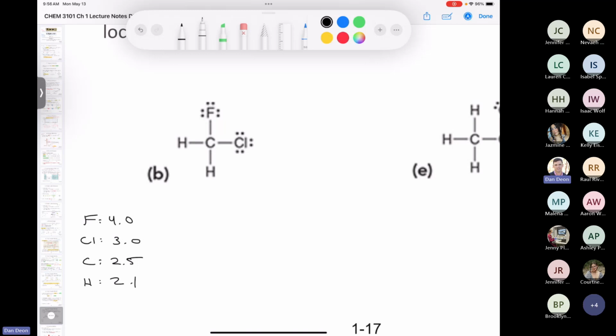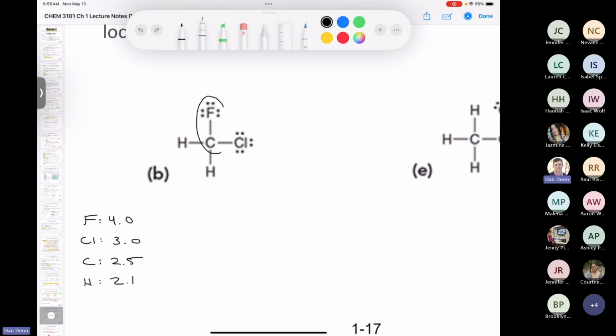So based off of this, and again, we're just starting the subject. There's no trick questions. Could anybody tell me on this guy, give me an idea where I might put a delta negative? Which atom do you think would have it? Yeah, absolutely. Thanks, Jennifer. Absolutely right. Jennifer's saying, well, I know that fluorine is the most electronegative element in the whole periodic table.